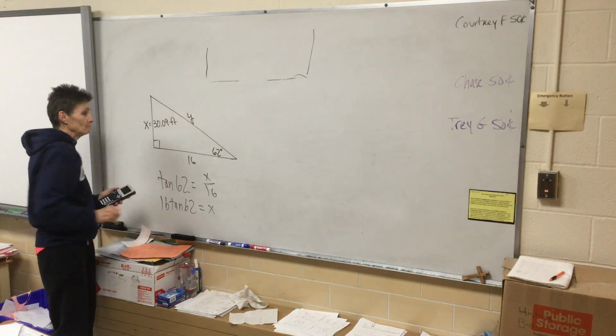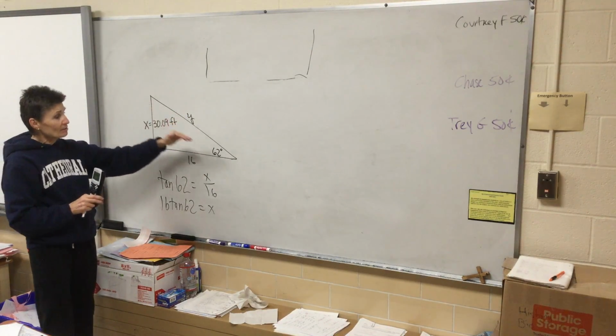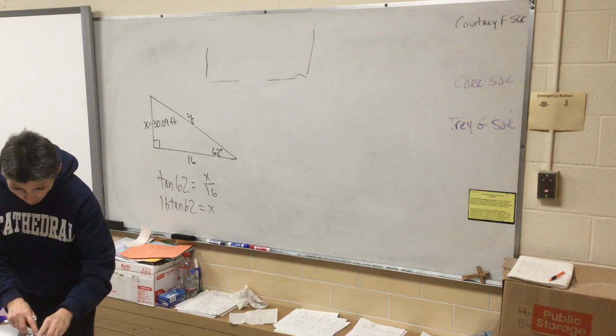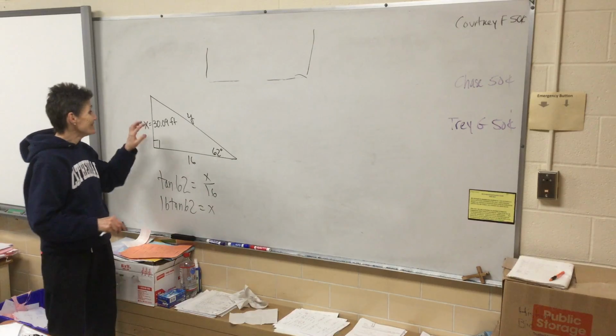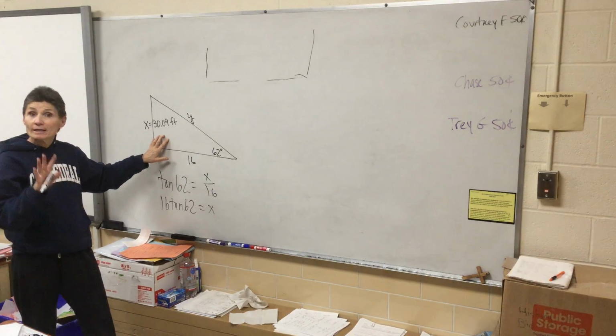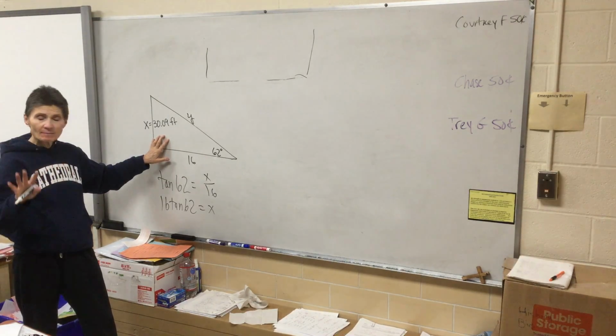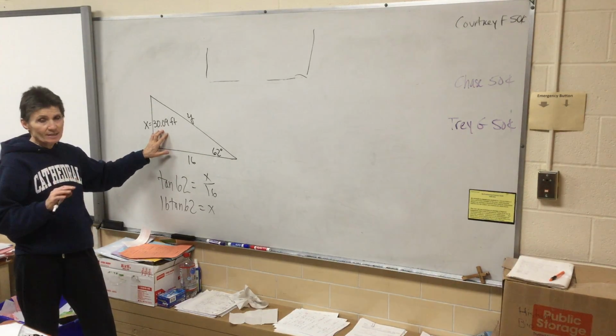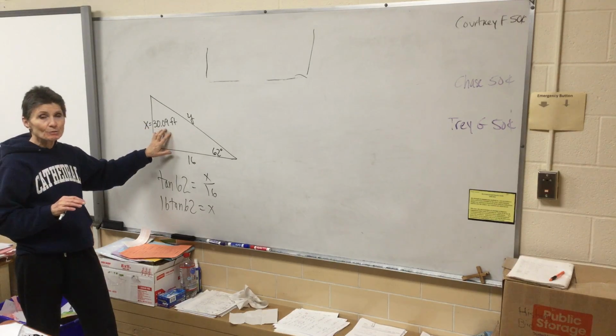Okay, and then y. This is going to be the length of the wire. Now, we always prefer not to use a rounded off answer if possible. There may be times in the future when you need to use a rounded off answer, but not this time. We do not need to use this.